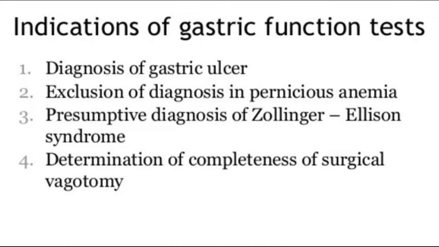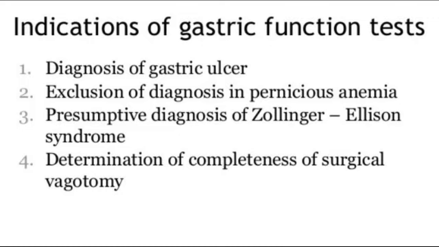Next, coming to the indications of the gastric function test, it is done usually to diagnose gastric ulcers and to exclude the diagnosis of pernicious anemia and peptic ulcer. Then for presumptive diagnosis of Zollinger-Ellison syndrome.